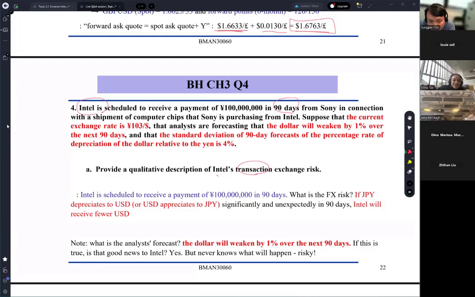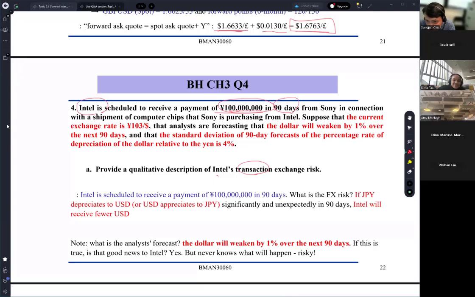Now remember, Intel is a US firm. They are going to compute profit in dollar terms, right? They are going to get the yen amount for sure, so this amount is fixed in the future. The problem is that this amount is unknown in terms of dollars.